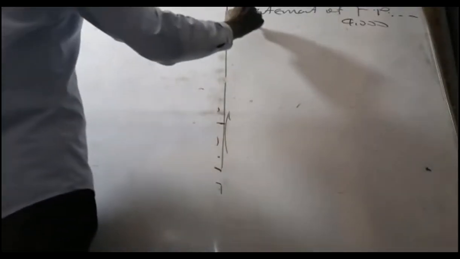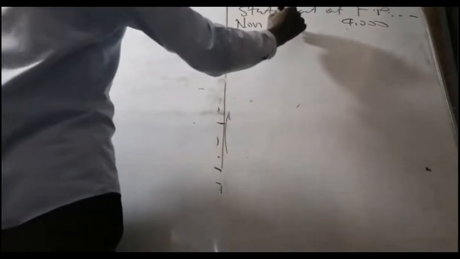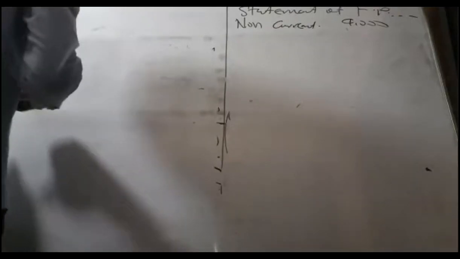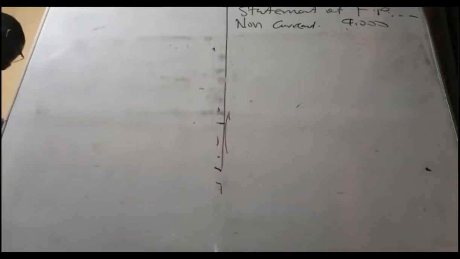Where do you start from? So first, write non-current assets. So let's do it. Kindly open your answer booklet, where you wrote the statement of financial position.